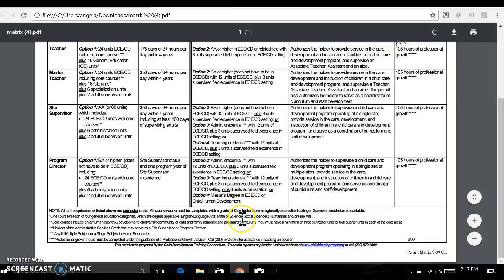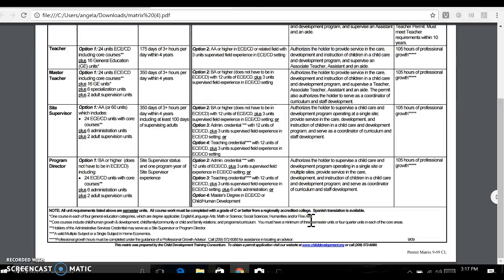The science component is a lecture lab combo. Then you need something from the social sciences category, the humanities category, and the fine arts category. So it's 5 classes, but one of them has to be a 4-unit class to get you the 16 general ed units.